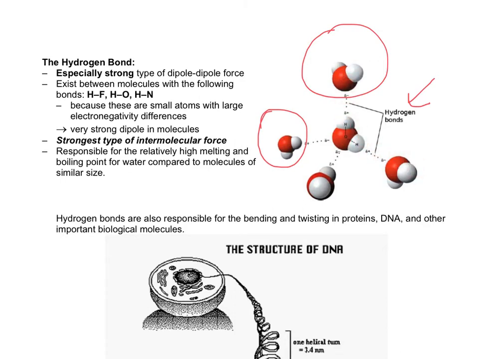And then a solid, they'd be a different distance and a different geometry because of how they're oriented. But the key here is that the attractive forces between the molecules, those are what we call intermolecular forces, and hydrogen bonding is the strongest of the three.